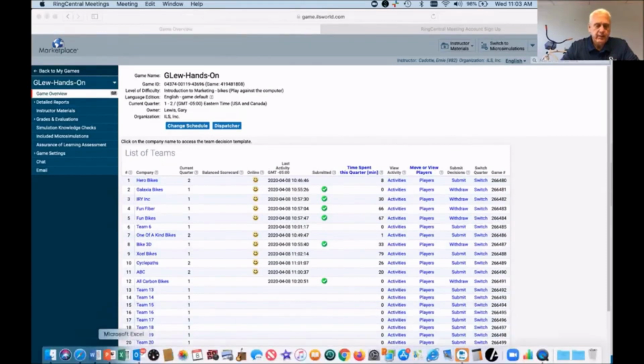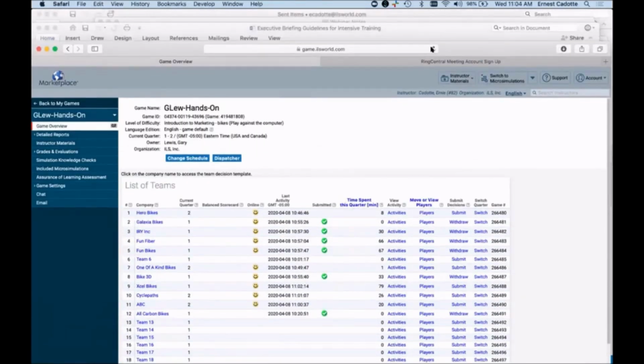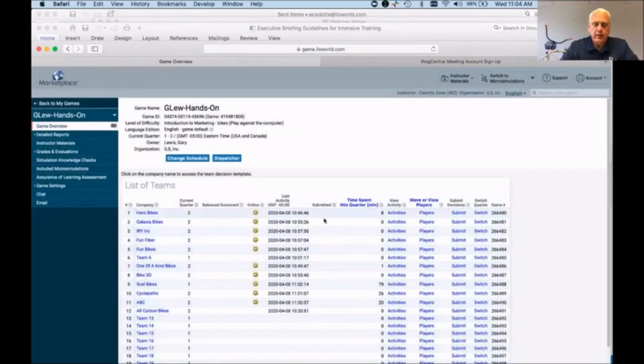Just one moment. All right, yes, so I can see who is already in quarter 2. Team 6, I think there is nobody in that team now, and Excel Bikes is still in quarter 1.